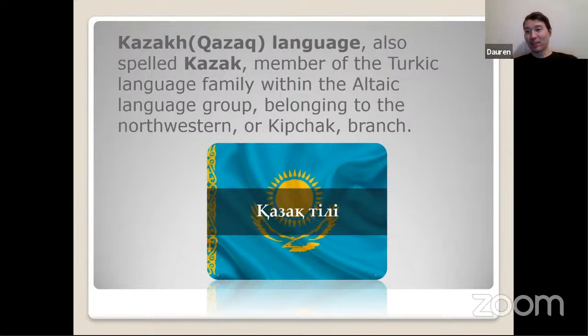As many of you probably know, in the old days we all were nomads, from the Turkic Khaganate, and then we separated into different countries, like Kazakh, Kyrgyz, Uzbek, and others. That's why our languages are kind of similar, and we can sometimes understand each other. I mean, like maybe half.